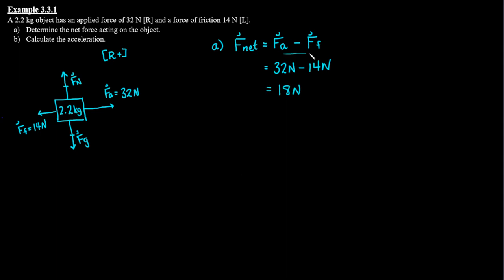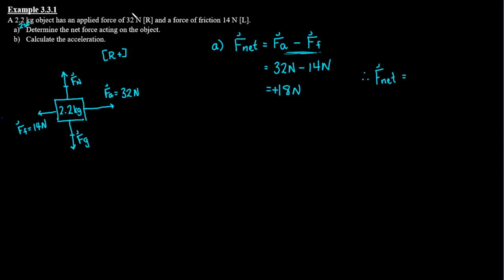And remember, because you defined your direction here as positive and negative, because this force comes out positive, it tells us the direction of F net. So therefore, the net force acting on this object is, if we consider our two significant figures, our mass had two.